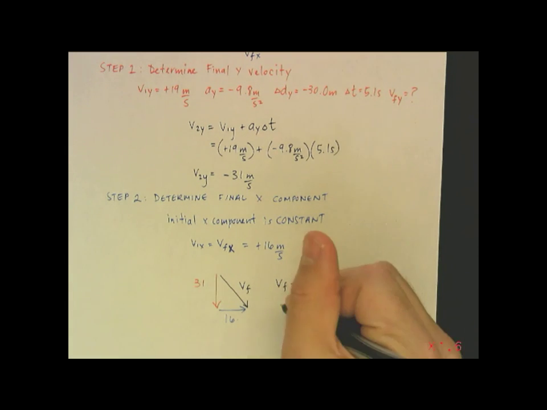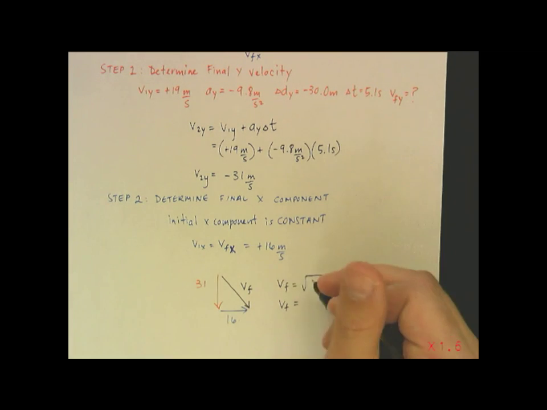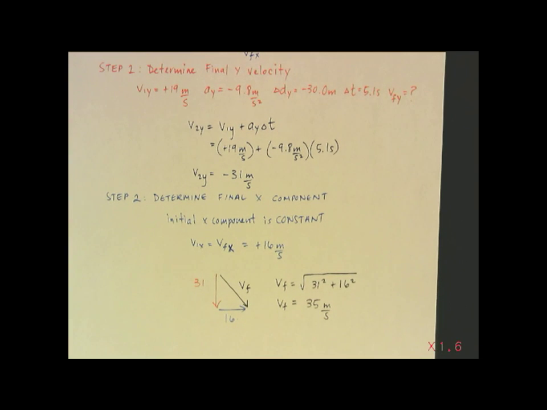So if we calculate this, what is the magnitude of the final velocity? So 35 meters per second. That is the magnitude of the final velocity.